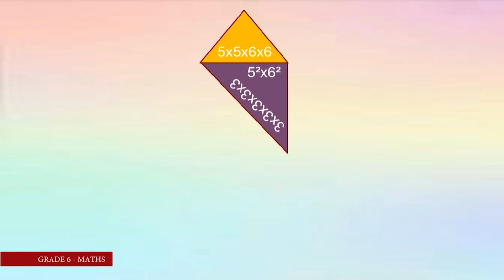Then you have to find another triangle or another plane figure similar to this product. Then what is that? That is 3 to the power 5. I told you earlier, if you want to connect each side, those sides must consist of the same value or same index. That's why we can connect.